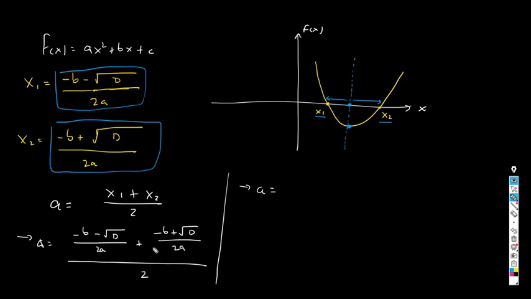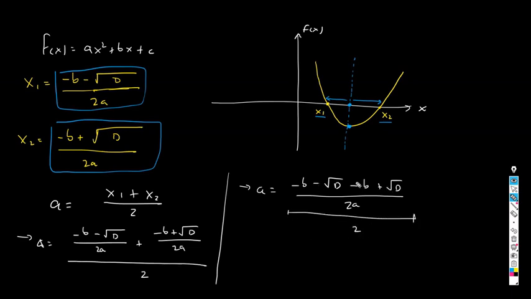The average is going to be minus b minus the square root of d, minus b plus the square root of d, over 2a. Since these two fractions have the same denominator, I'm putting them as a single fraction. You see, I'm actually performing the sum. And all of that over 2.